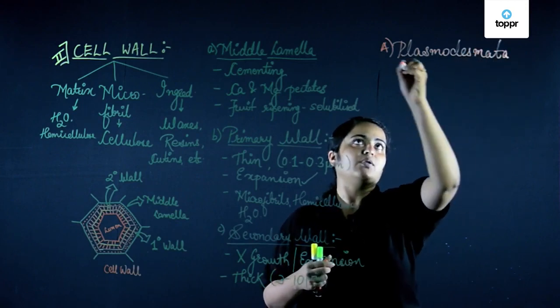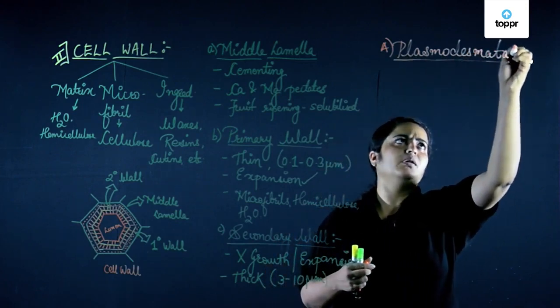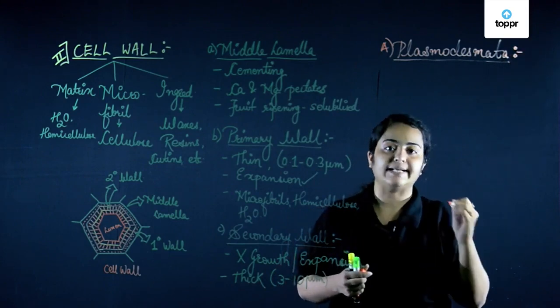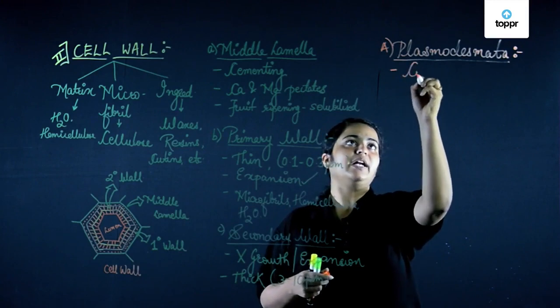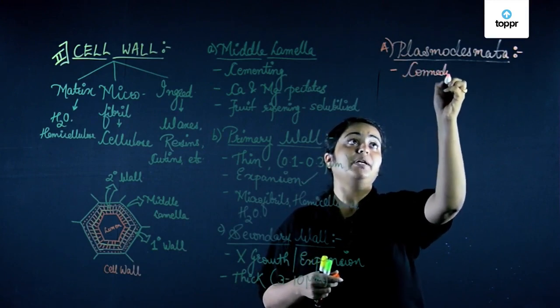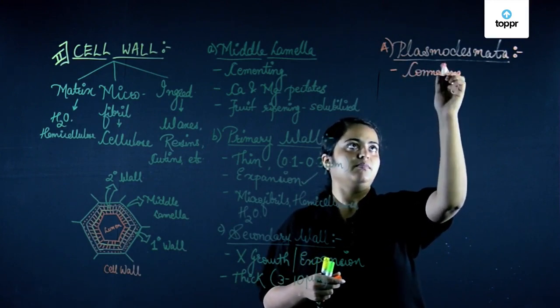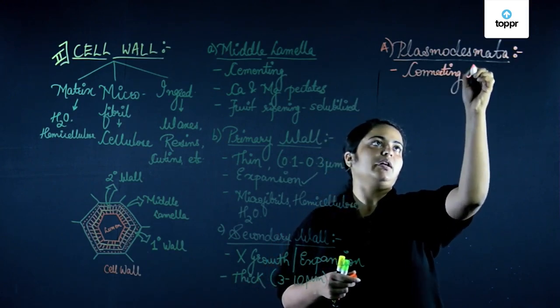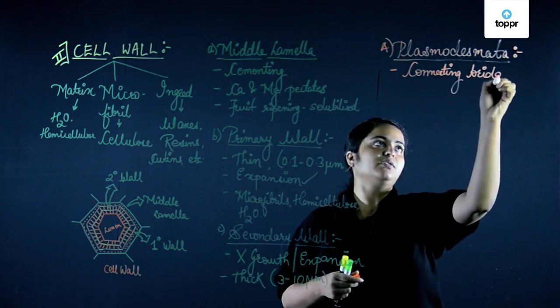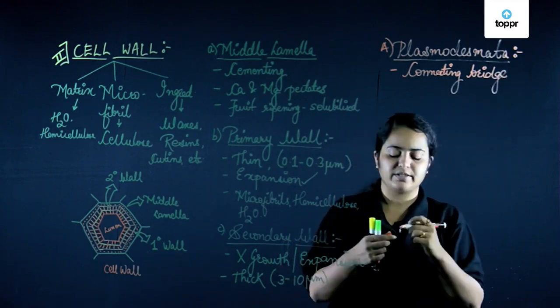I know the name may sound confusing, but it's very simple. Plasmodesmata is nothing but a connecting bridge between the two adjacent cells.